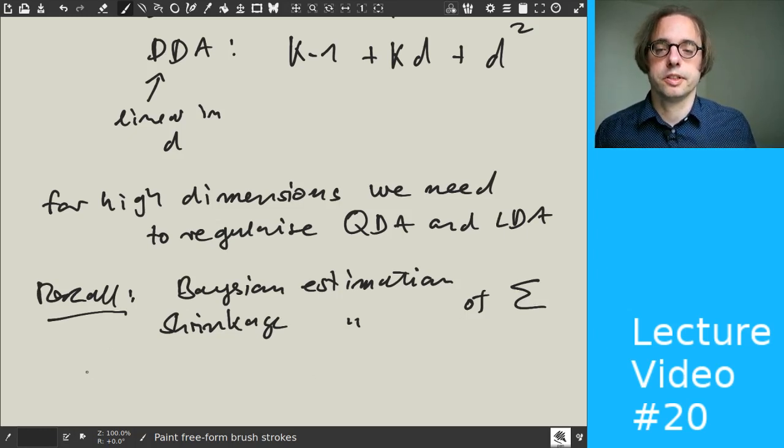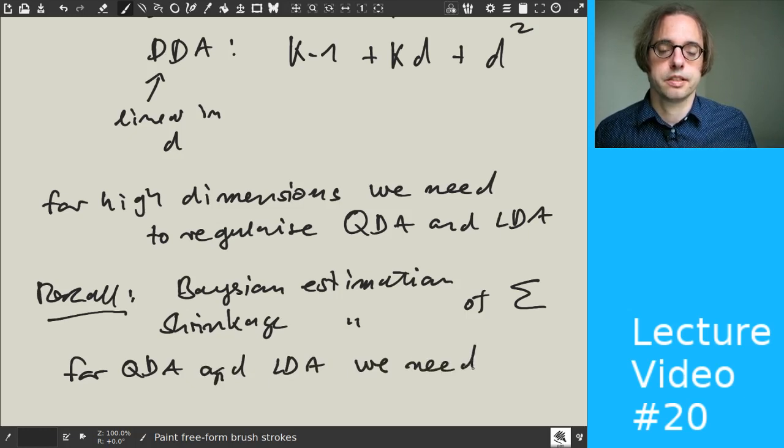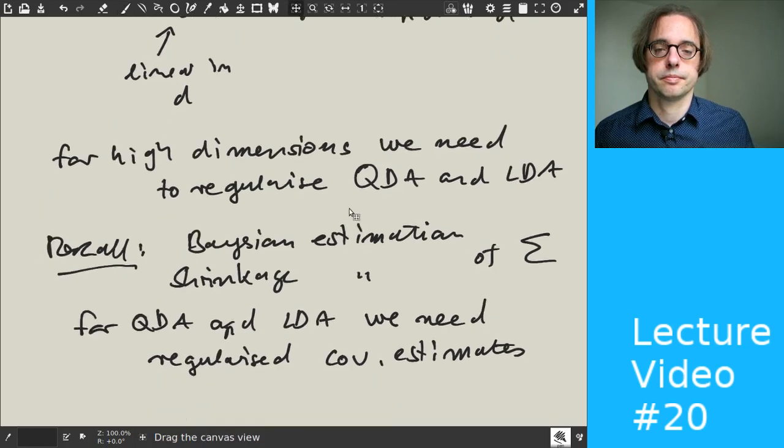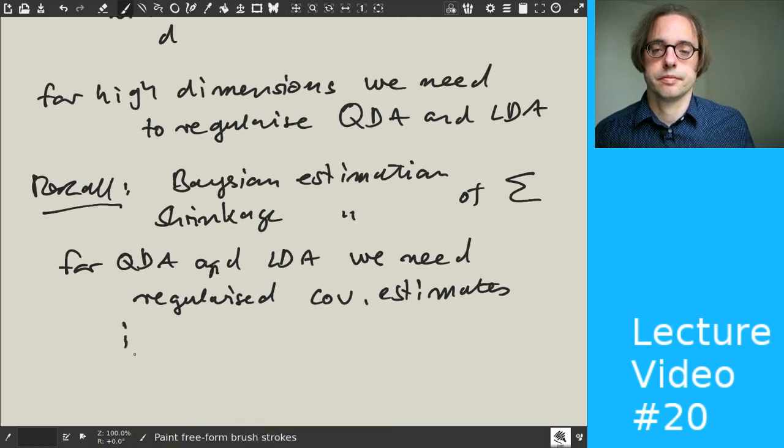So for QDA and LDA, we need regularized covariance estimates if D is large.